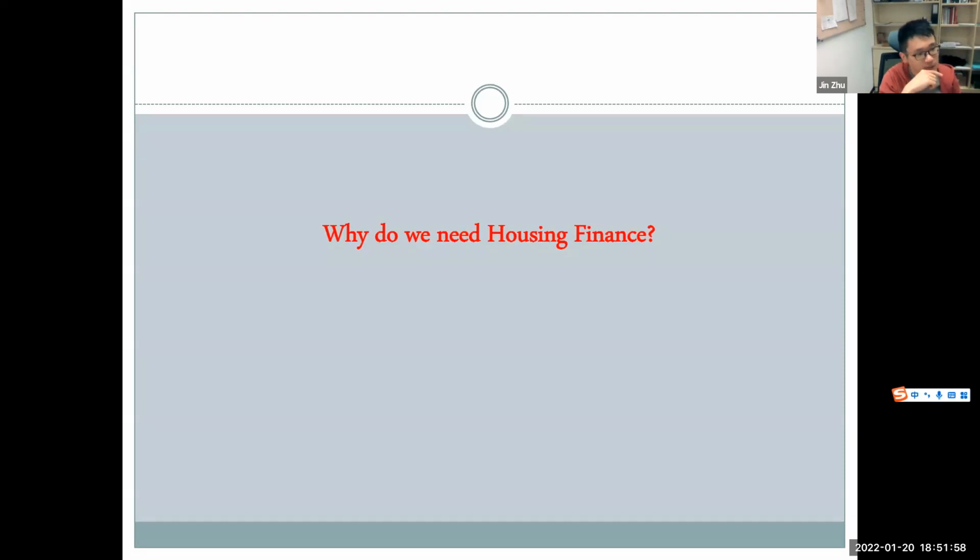So any other answers? Allocation revision. Yes, and also, for example, we need to maintain the house, right? We need money to maintain and also improve the quality of housing.